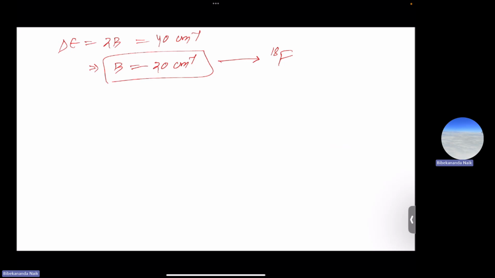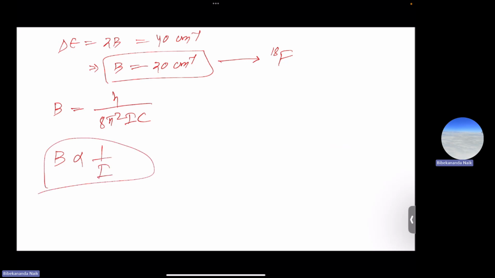Now we need to find out the value of B for F19. How will we find it? You know B is h by 8 pi square IC, or B is inversely proportional to I. Now I is mu r square, so you can directly write B is inversely proportional to 1 by mu. All remaining are the same.